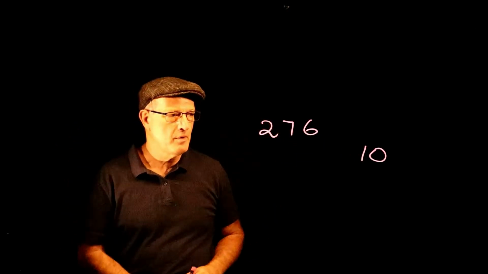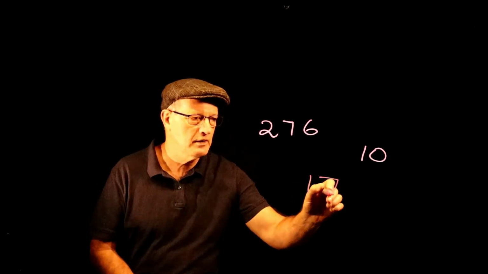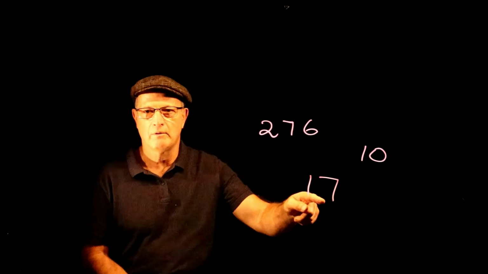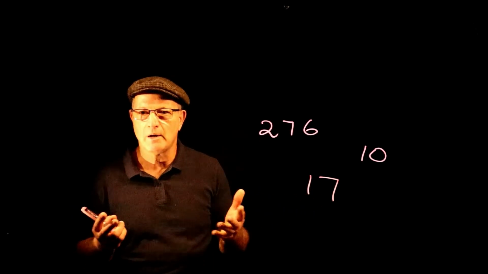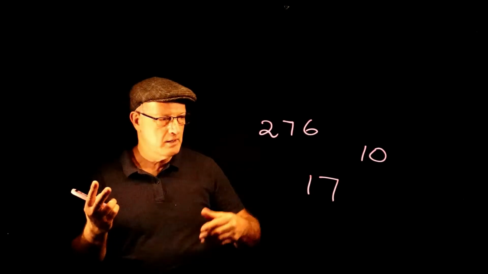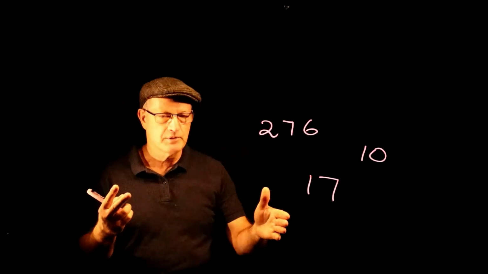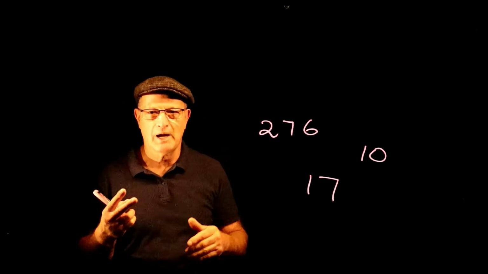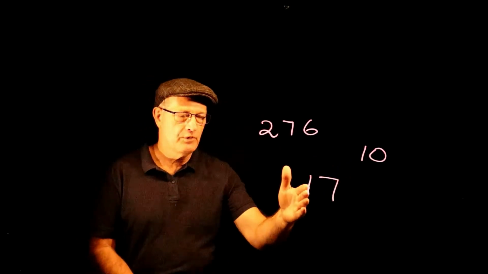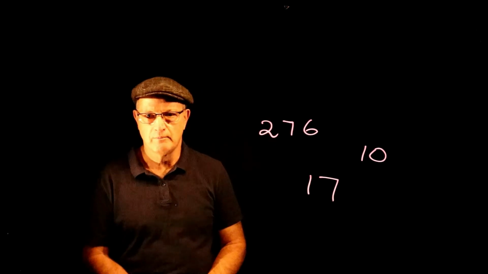If it's got an odd number at the end, like 17, you don't have to think hard about 17. You just have to look at the 7. Can I split 7 equally amongst 2 people? No, I'd have to cut one. I could give someone 3, another person 3, but then I'm stuck. There's 1 left that I've got to cut. That's an odd number. That's a 2-digit number made with the digit 1 and the digit 7.